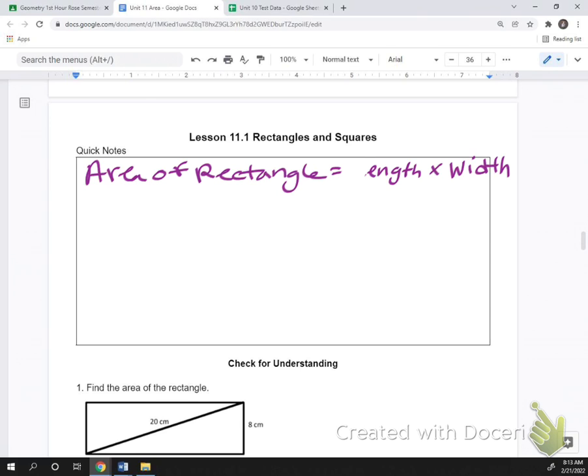What are some properties of a rectangle? All the angles are 90. Great. What else? We have two sets of equal sides. That's how we would mark it with congruent marks.